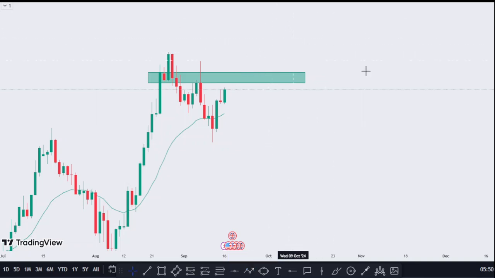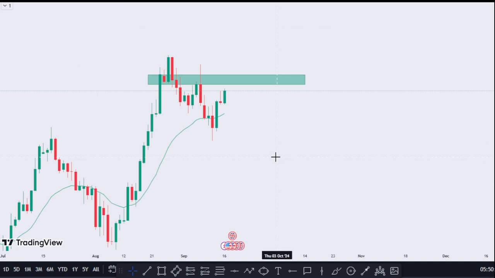Another criterion that supports our bullish sentiment for the week is that the downtrend line on the daily time frame has been invalidated. Price action is now trading above this downtrend line, which makes it a downtrend line breakout.